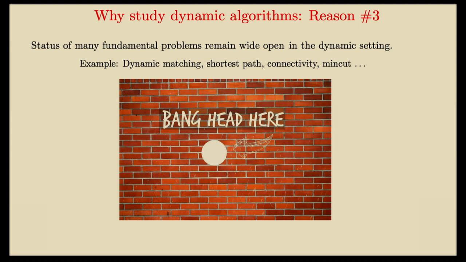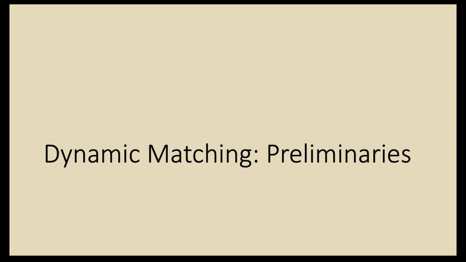And once you study these textbook problems, in order to make progress on it, you discover surprising connections between dynamic algorithms and other areas and surprising transfers of techniques between these areas. Now, as the title of the talk suggests, today we are just going to pick the maximum matching problem and study it in the dynamic setting. Okay. So, let me now formally define the dynamic matching problem.